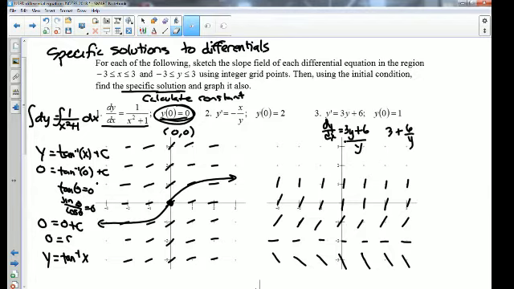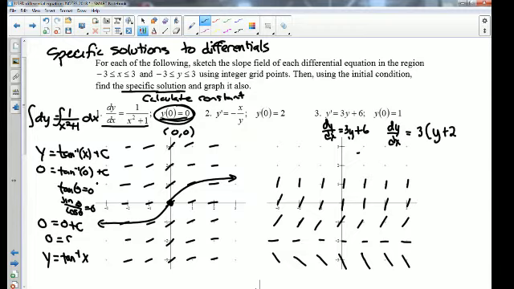I can't subtract or add, but there is something I can do to make it divisible. I'm going to factor a 3 out. Can I divide now? I can now divide the y plus 2 out.